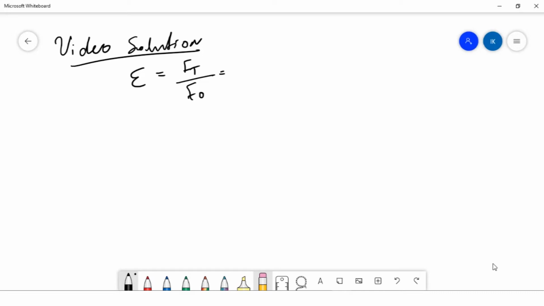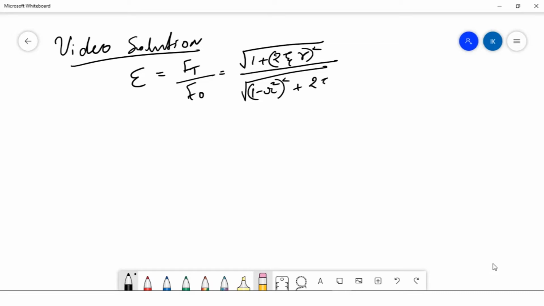Using the derivation, we can get this transmissibility as the ratio of 1 plus (2 zeta r) whole square divided by under root (1 minus r square) whole square plus (2 zeta r) whole square. What is r? r is nothing but omega by omega n, and zeta is the damping ratio.